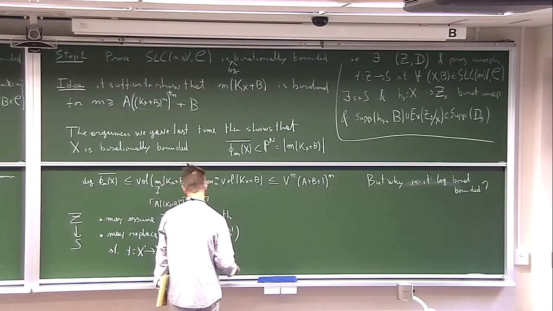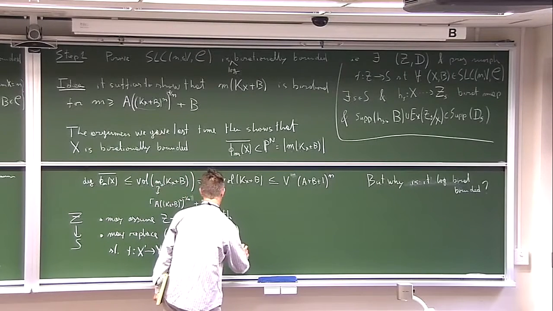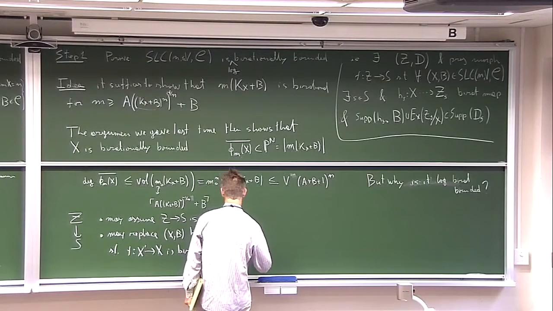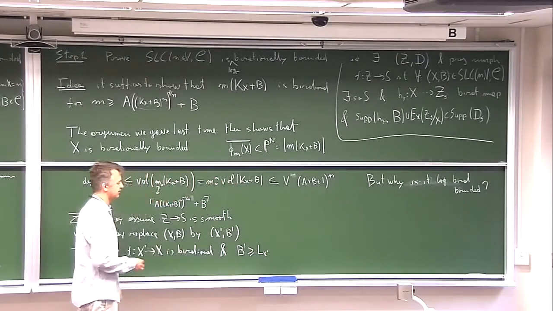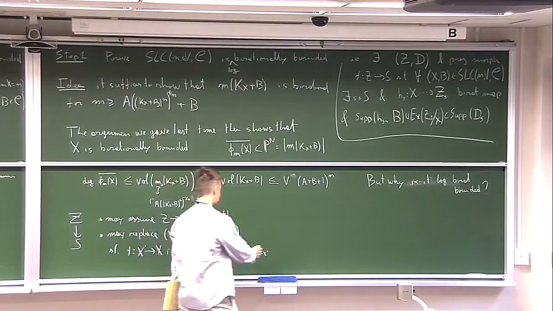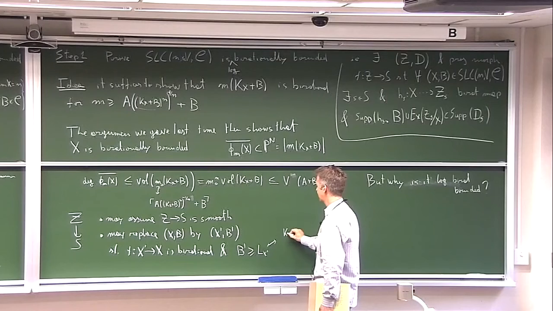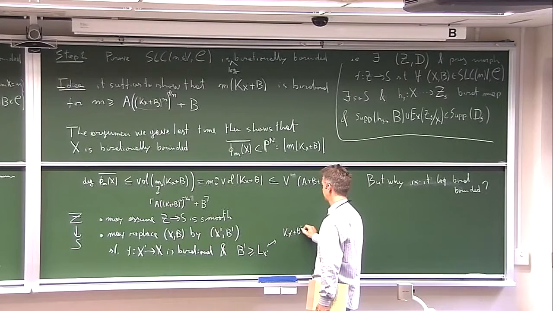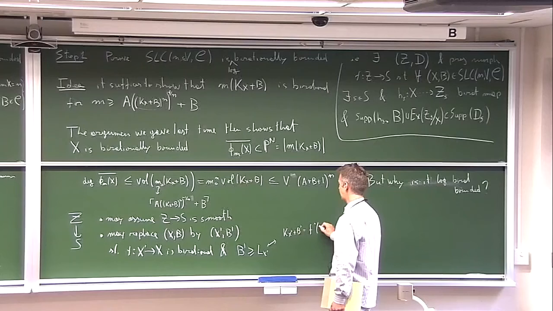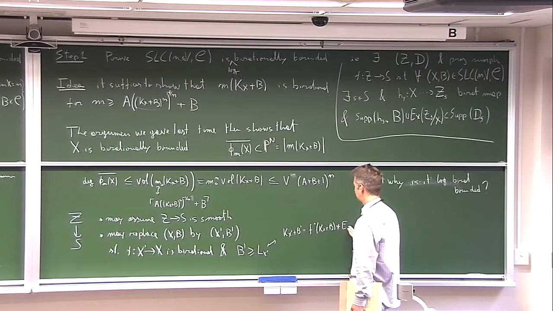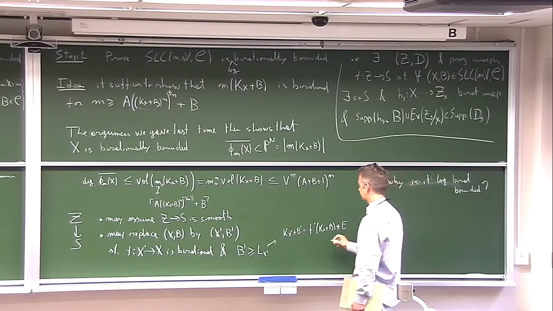And so to write it in fancy terms, I think I defined this divisor L, so b prime should be greater or equal to the divisor L on x prime, but I doubt that anybody remembers what that is. So what that means is that if I compare K_X' plus B', with the pullback of K_X plus B, that difference is some effective exceptional divisor.